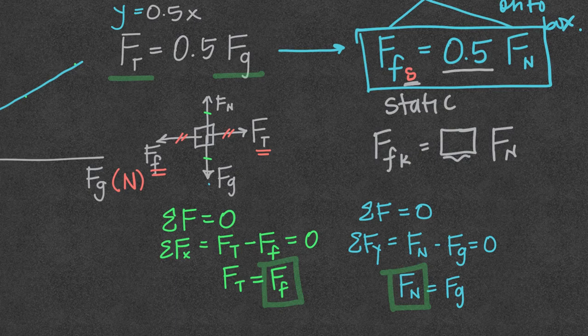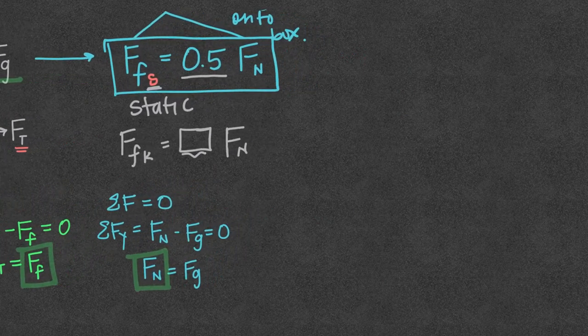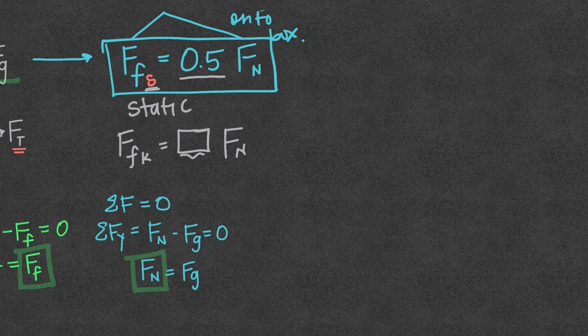An icy surface is very slippery, so it doesn't take as much force to get it to move. A rough sandpaper surface would take more force. So we have these two different frictional forces that act on our objects.